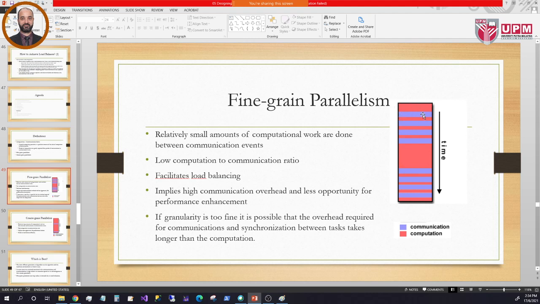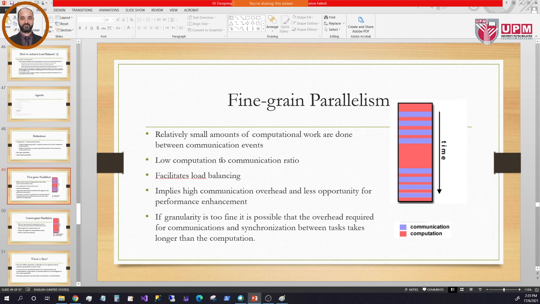Then they have more communication because the number of threads increases, so the blue lines will become more. The communication increased, but the computation is also getting smaller and smaller. So this is what they call fine granularity: low computation to communication ratio.